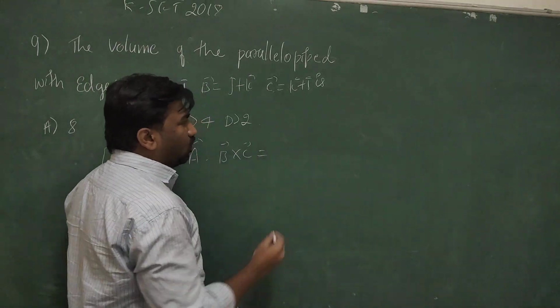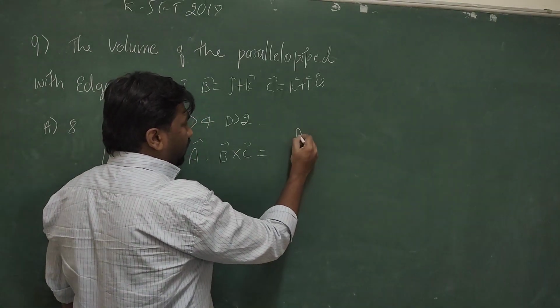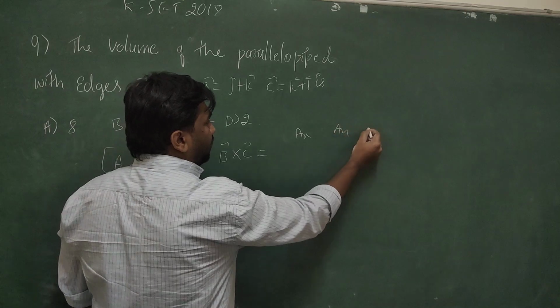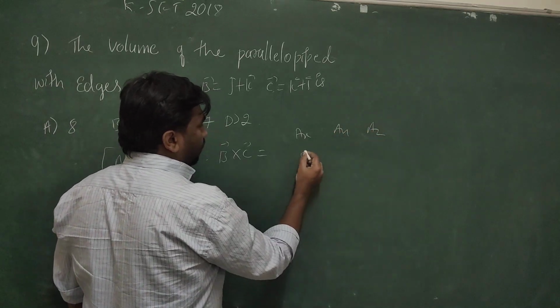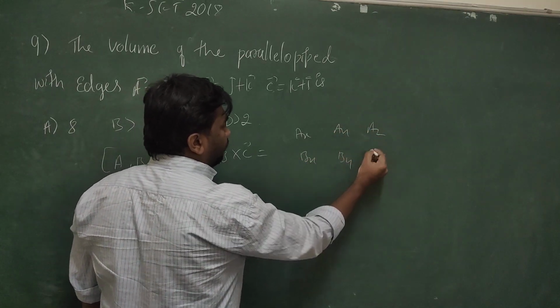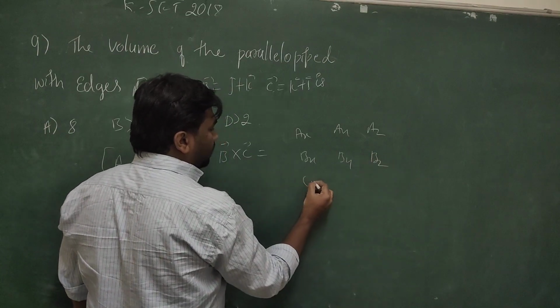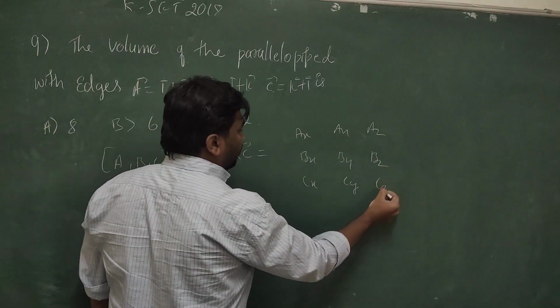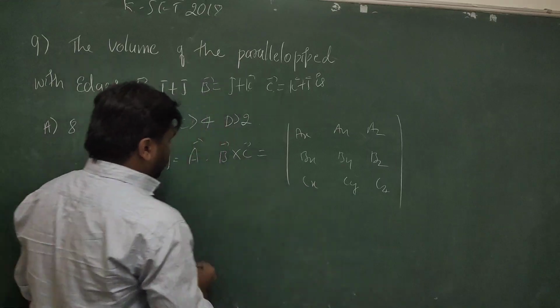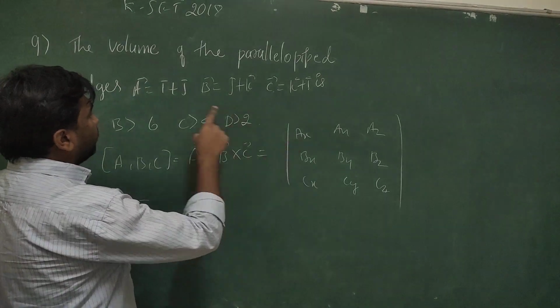So I am going to write only the coefficients AX, AY, AZ, BX, BY, BZ, CX, CY, CZ, which is equal to, what is AX?